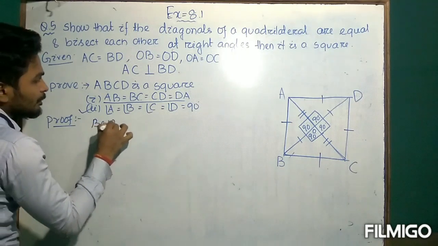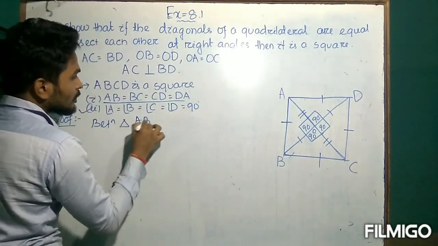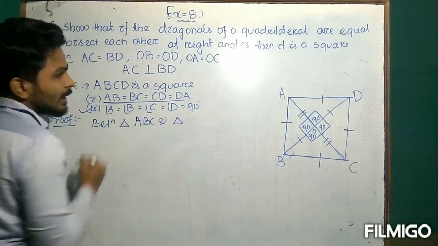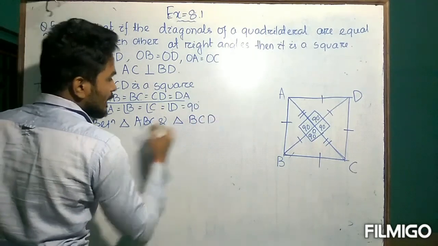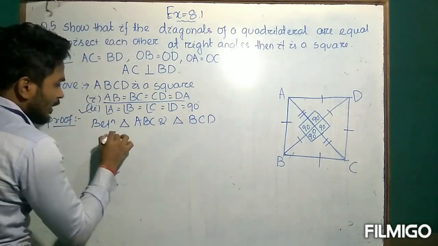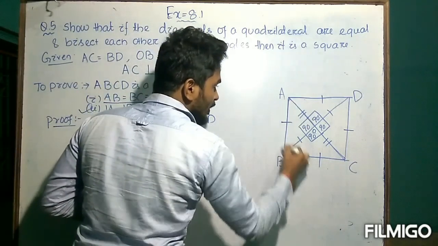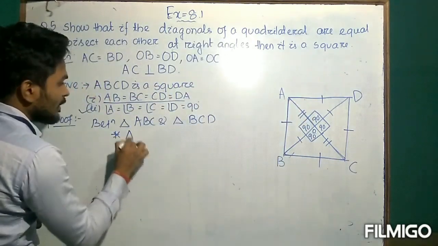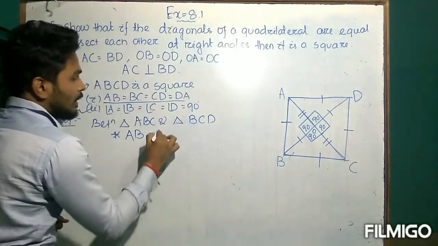So between triangle ABC and triangle BCD, let us find out the possible conditions here. As we know, in the triangle ABC, AB side is equal to, in the triangle BCD, BC side. Why?